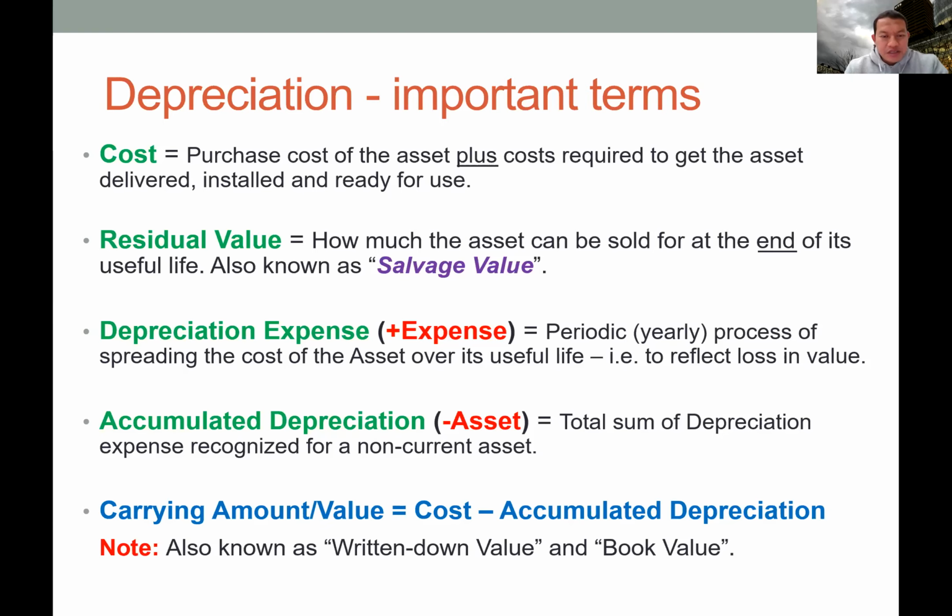Okay, and then depreciation expense is the expense in allocating the cost of the non-current asset. And accumulated depreciation is basically the accumulation of this expense. Okay, this should be reported in the balance sheet as a deduction from the non-current asset. And lastly, we have the carrying value, or carrying amount or book value, which is the cost minus the accumulated depreciation.